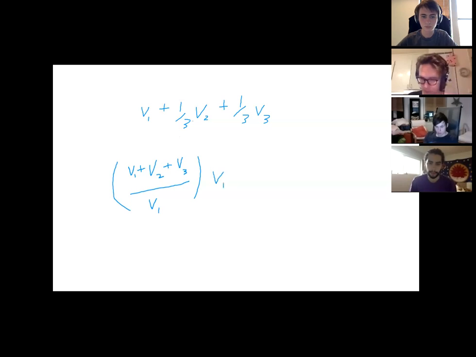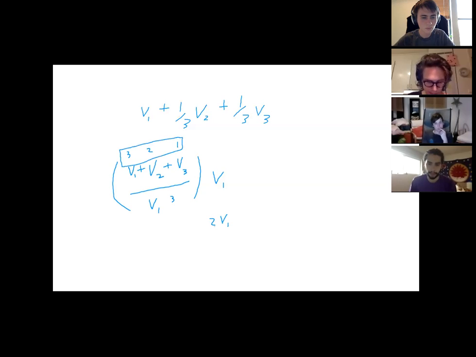And likewise for the other two. And if it was 1, 1, 1 and you were dividing by 3, then it would be 2 over v1. So in the case where that's the value of all of our targets, you would defend this one. This isn't a probability, is it?